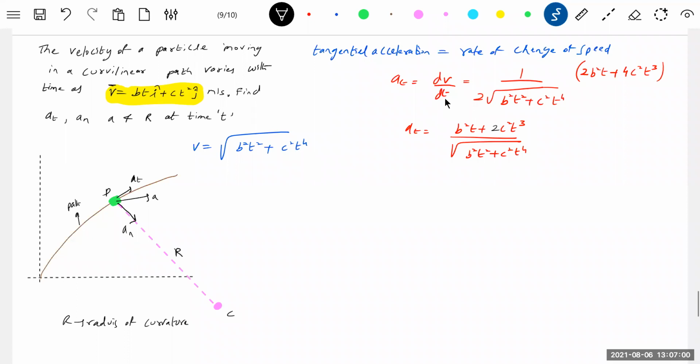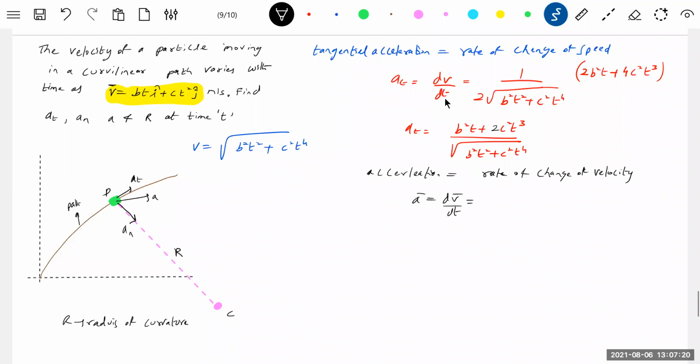Then what about normal acceleration? How do we find normal acceleration? Normal acceleration is just v square by r. Total acceleration, how do you define acceleration? Rate of change of velocity. Go back to kinematics. So a bar equals dv bar by dt.